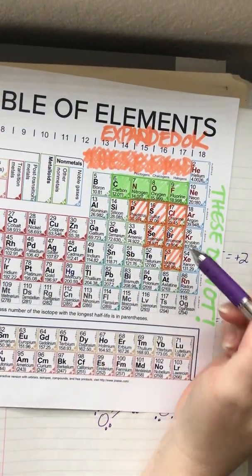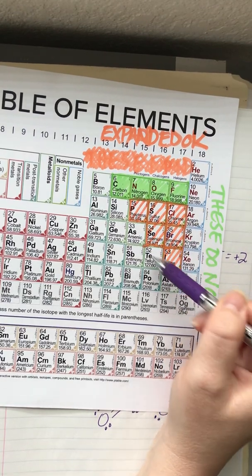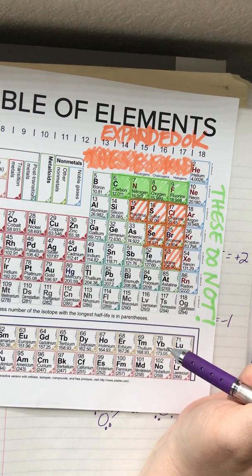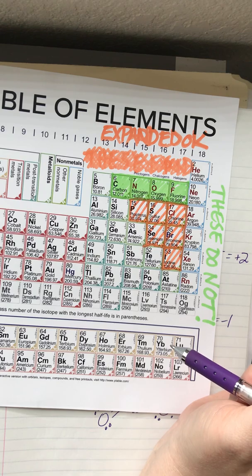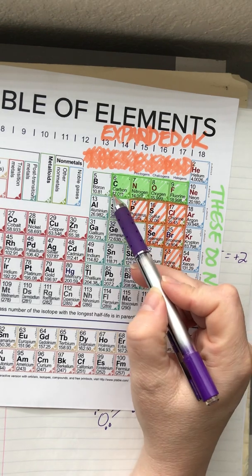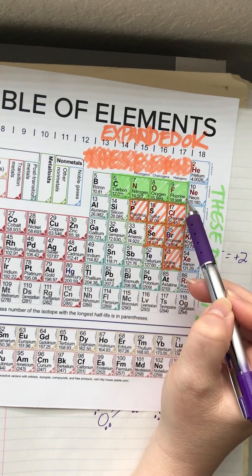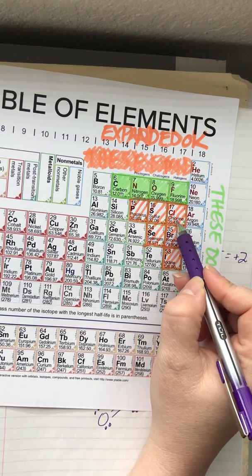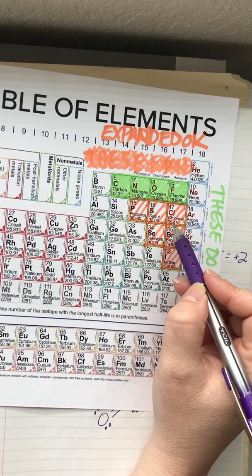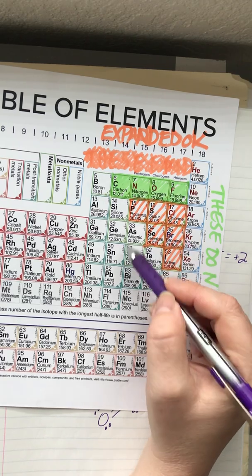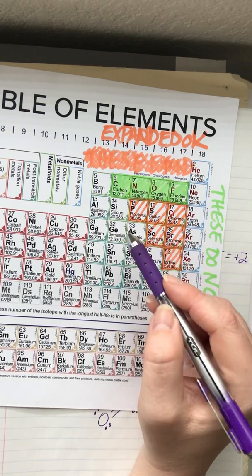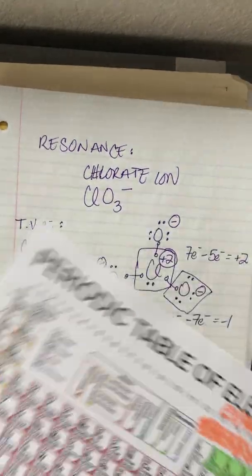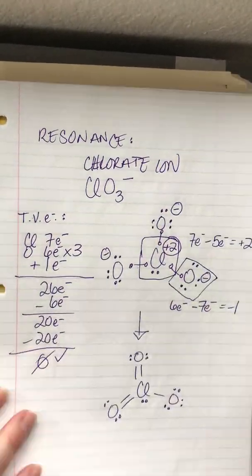But chlorine is one of the guys that can have an expanded octet, right? So row 2, no expanded octet, never, ever. But chlorine, being in row 3, can have an expanded octet. So an expanded octet allows you to have up to 12 total electrons around you.